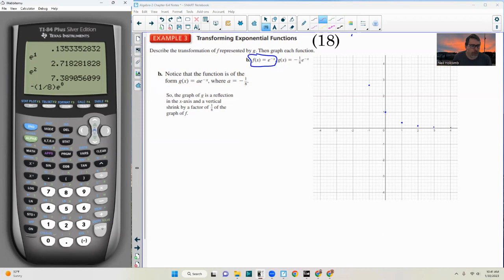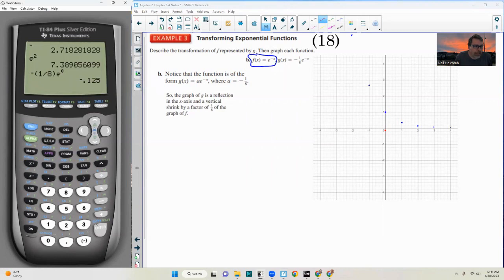We'll start at the origin. I get negative 0.125. So negative 0.125 is about here. And then I'm going to plug in a -1 and so on.